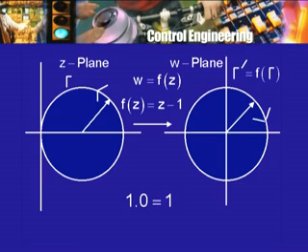So that is how the principle of argument is to be applied. The image contour gamma prime, the original contour gamma, the direction of traverse along the original contour or the sense, the direction of traverse along the image contour, we have to look at the number of encirclements in the same sense as the original contour. So that number may be positive or negative.